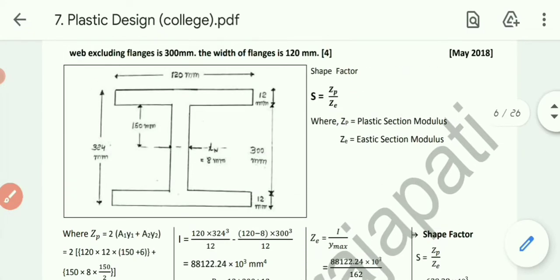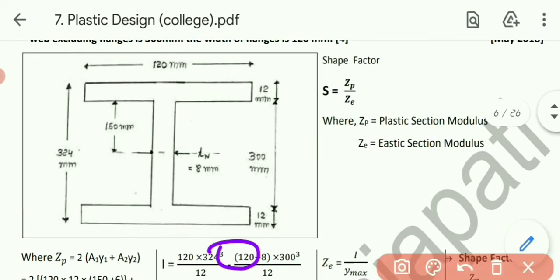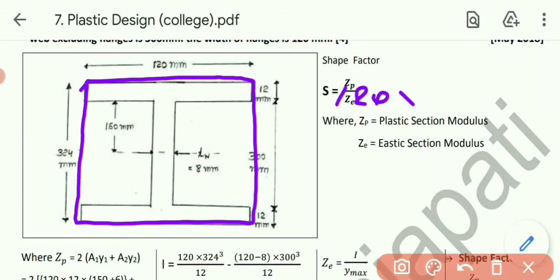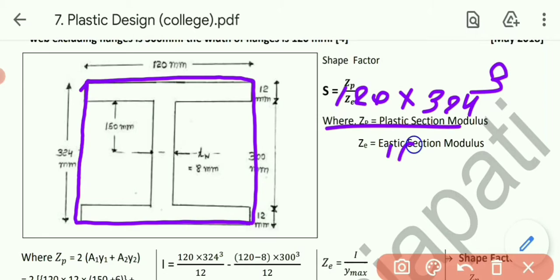And talking about MI, as this is a symmetrical section, we can use the box method to get the moment of inertia directly. First of all, we need to consider it as a box. So first of all, MI of the whole box section, that is 120 into 324 cube by 12.